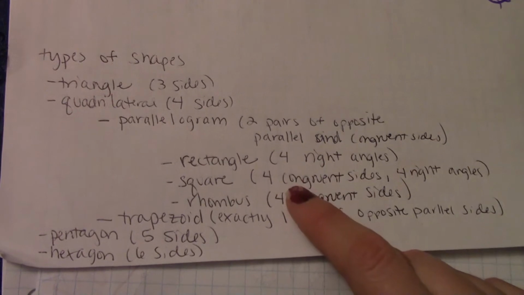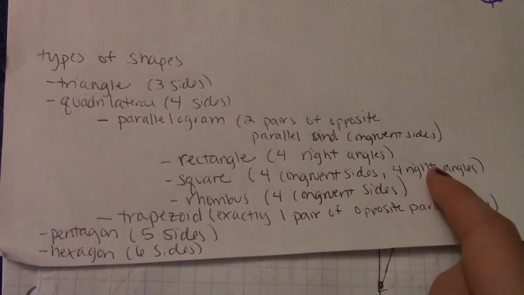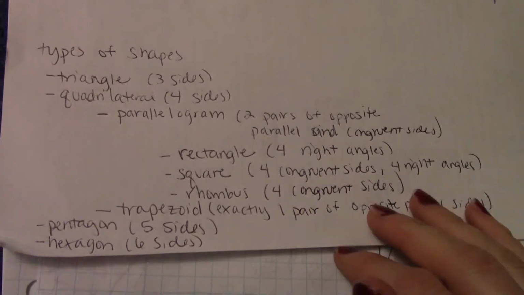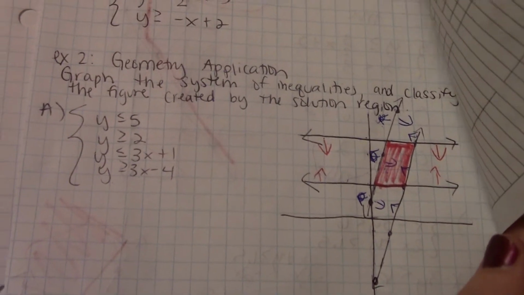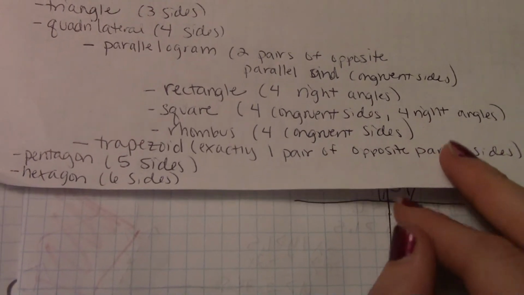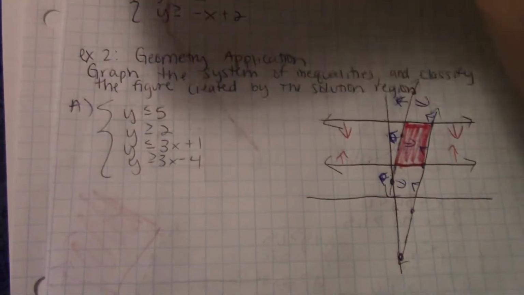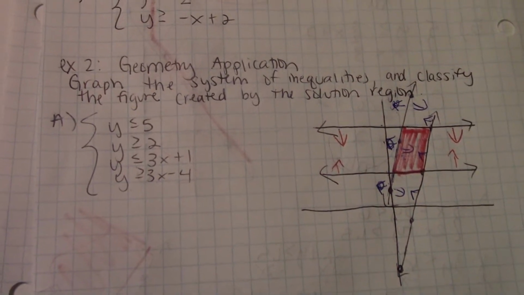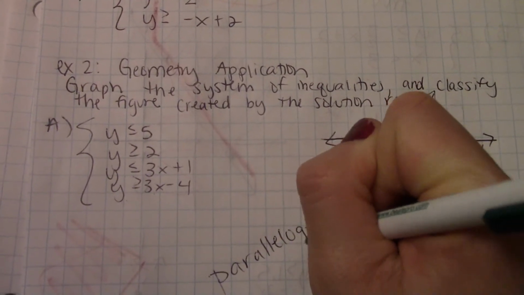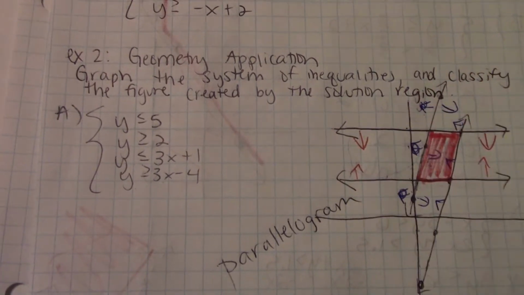It was not that. A square has 4 congruent sides and 4 right angles, and a rhombus has 4 congruent sides. Those are not congruent, those are just parallel. So this one, in fact, is just a parallelogram. So we're going to call it a parallelogram and be done.